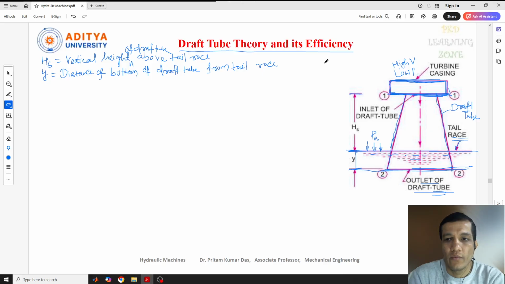Now, water is flowing from the turbine to the outlet of the draft tube, which discharges inside the water level. So there is a flow in the pipe. Though the pipe is slightly inclined, with a conical structure, we can consider it pipe flow.